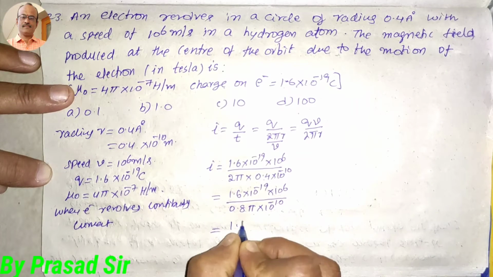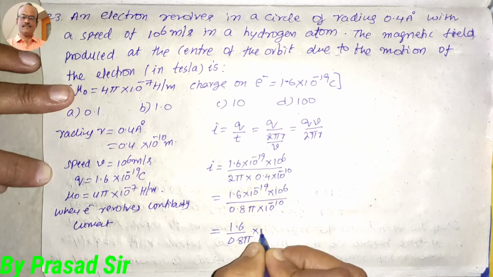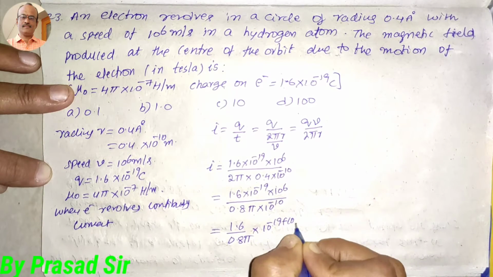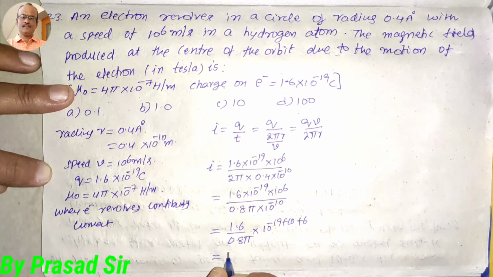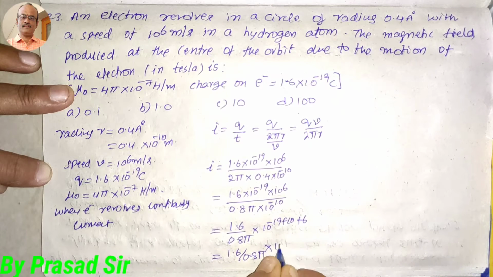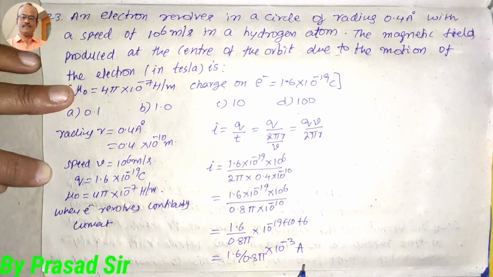Now 1.6 divided by 0.8 pi into 10 to the power of minus 19 plus 10 plus 6. So here 1.6 divided by 0.8 pi into 10 to the power of minus 3 amperes. This much amount of current we get from the electron revolving in the circuit.